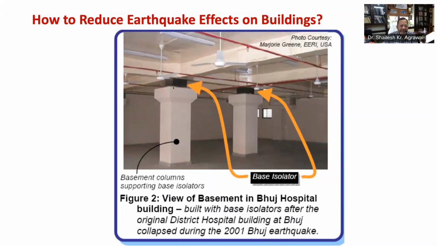Countries like Italy, Japan, New Zealand, and USA are using base isolation in numerous buildings. Further, base isolation is also useful for retrofitting of important existing buildings like hospitals and historic buildings. More than 1,000 buildings world over are equipped with seismic base isolations.